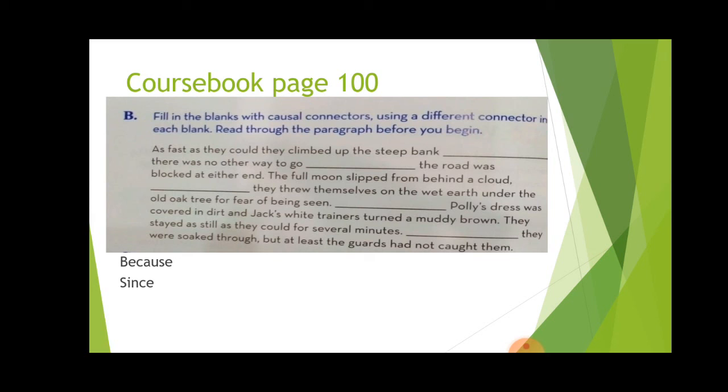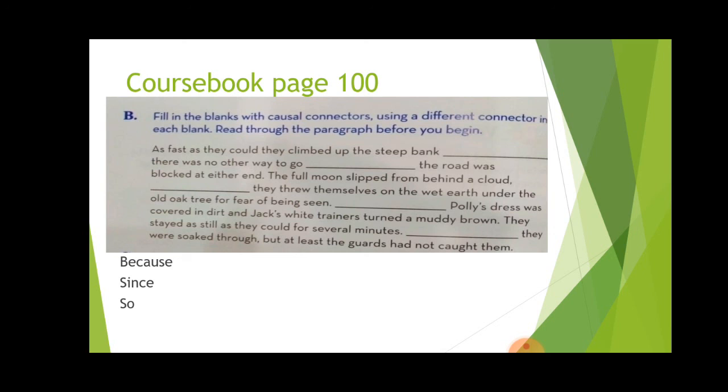The full moon slipped from behind a cloud, dash, they threw themselves on the wet earth under the old oak tree for fear of being seen. So the answer is, the connector is so. So they threw themselves on the wet earth under the old oak tree for fear of being seen.